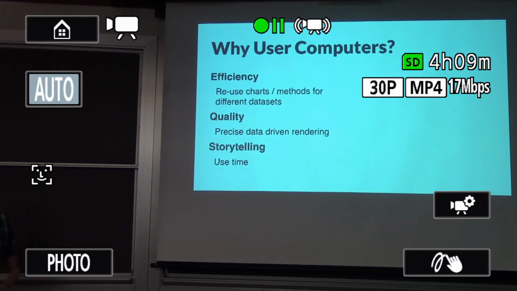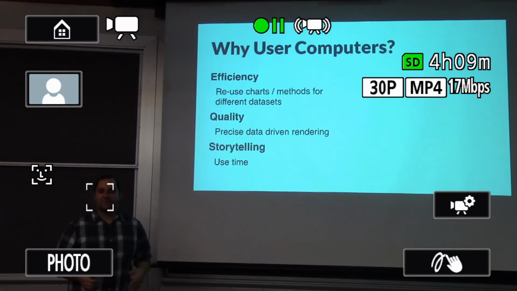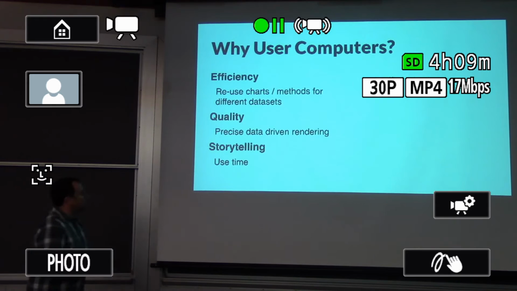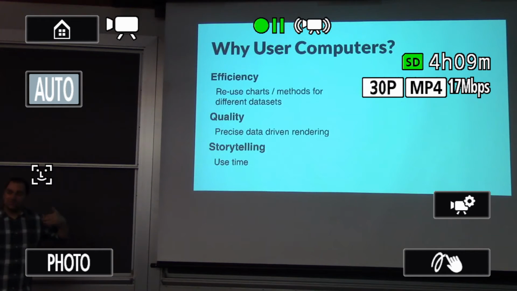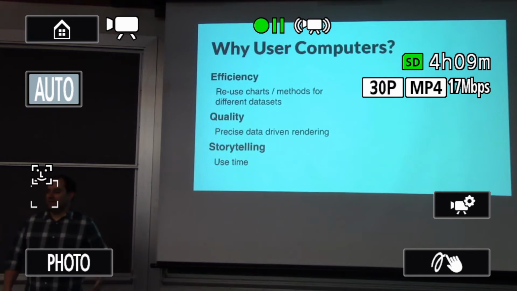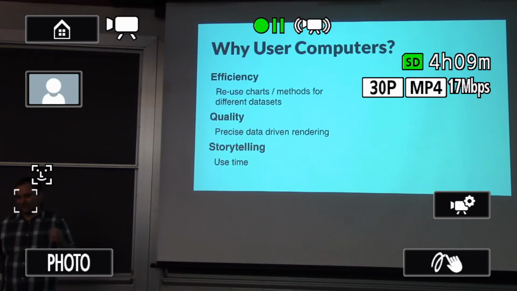We have quality: computers can give us very precise drawings and renderings, whereas humans are not as precise in their drawings and renderings. And we can use storytelling, we can use time, so we can essentially do something like playing a video. You can, of course, do the sketch-based version, record it and then play a video, but with computers that's much easier.